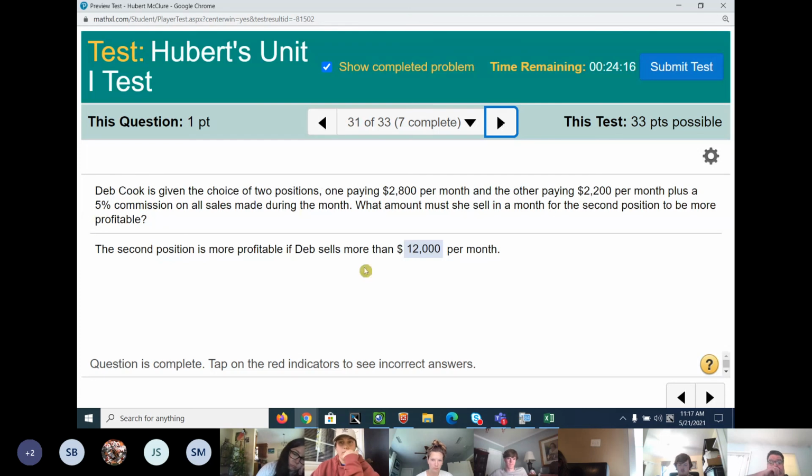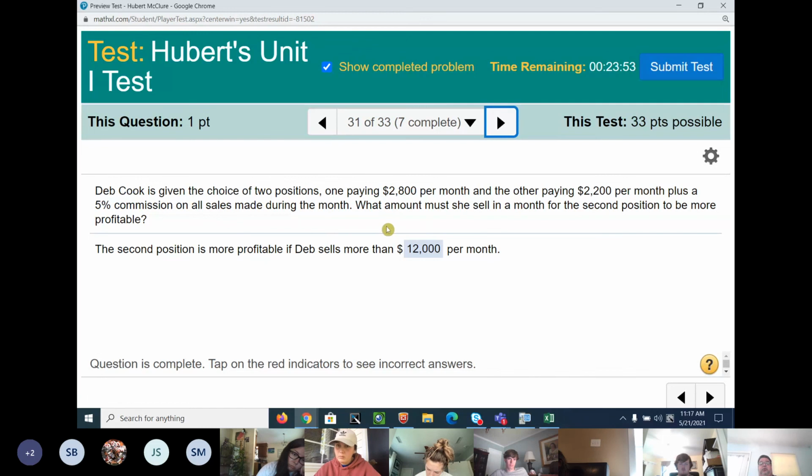Deb Cook is given the choice of 2 positions. One, $2,800 per month, and the other, $2,200 per month, plus a 5% commission on all sales during the month. What amount must she sell in order to make up the difference?